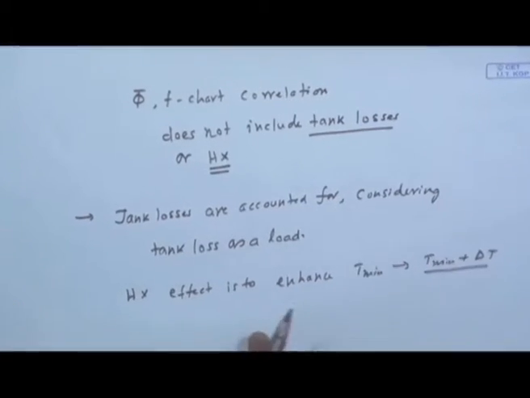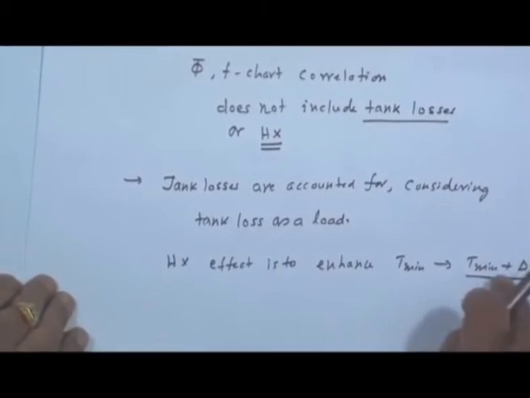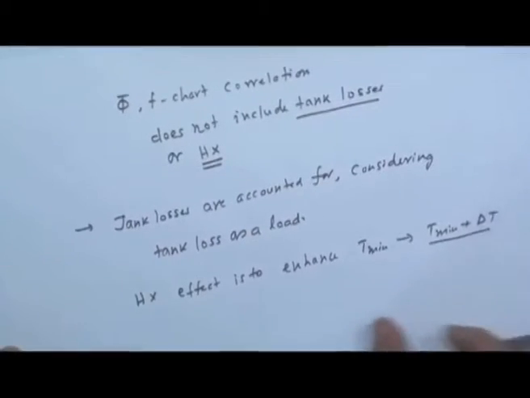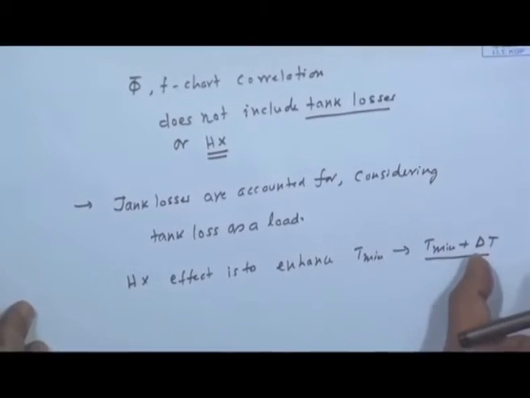In so doing, you will arrive again with a guessed solar load fraction corresponding to this delta T, and you check whether the amount of energy transferred across this delta T by the heat exchanger is equal to the energy estimated from the solar load fraction multiplied by the load on the system.